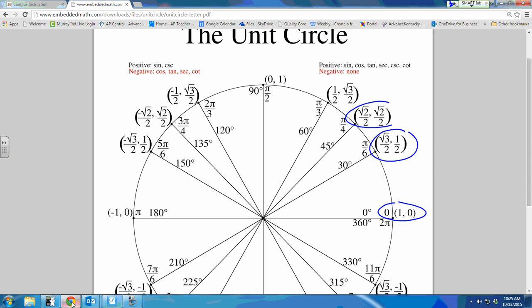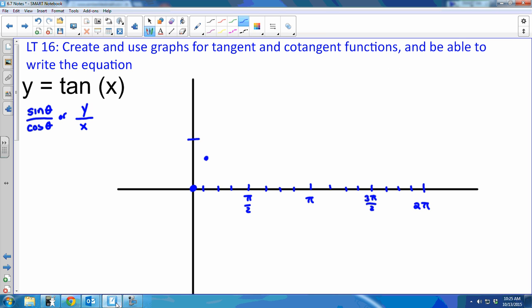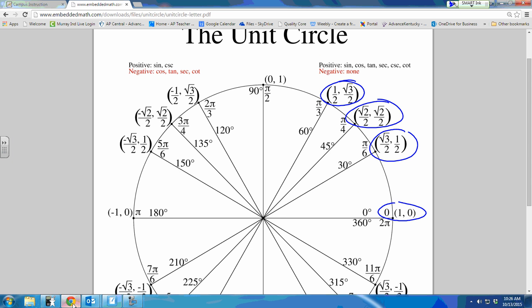Then I would keep going. So at pi over 4, you have the square root of 2 over 2 divided by itself. So what's that? 1. So a point at pi over 4, 1. And then I have the square root of 3 over 2 divided by 1/2.